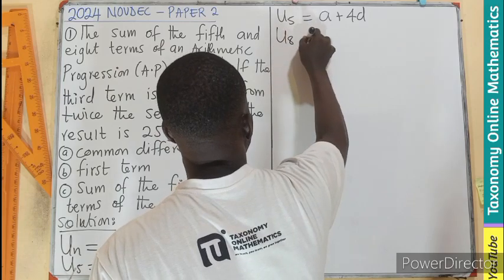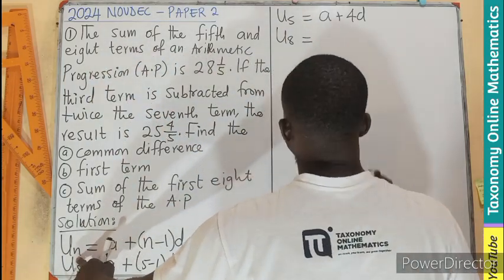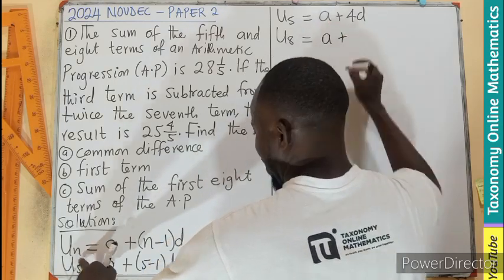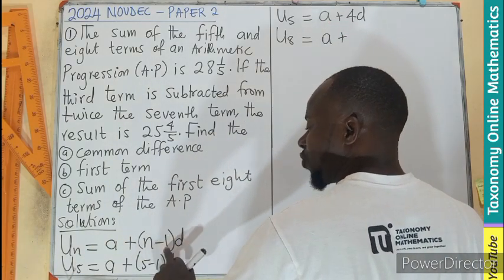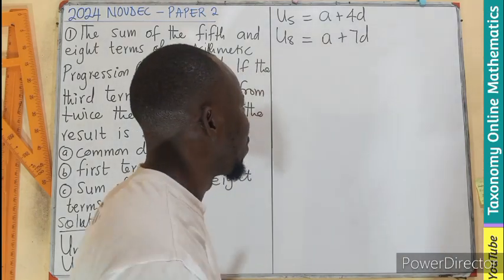Then the eighth term will have 8 in place of n: A plus 8 minus 1, that will be 7, so 7D. That is what I will have.